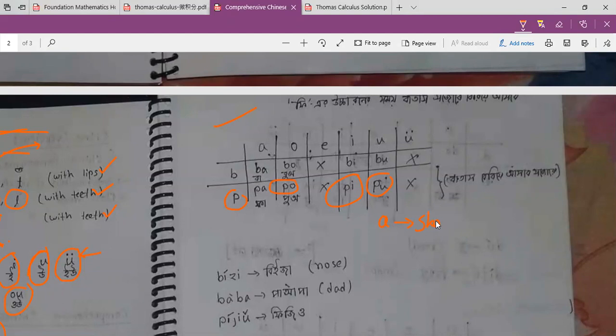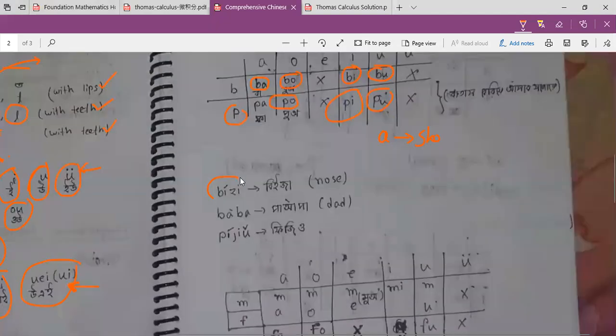Okay, po, pa, and this is ba, buo, bi, bu, baba, papa, piju. Pijo. Oh, piju. Yeah, piju.